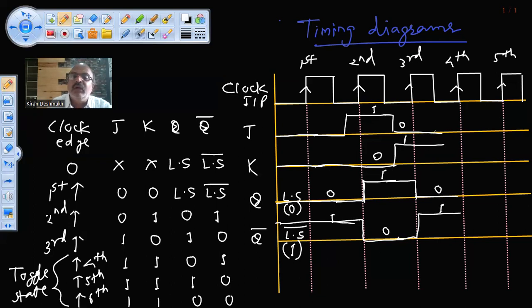Correct? Now if I make both the inputs 1, 1, J also 1, K also 1, what will happen? It will toggle. It will become 1, then 0, then 1 again.